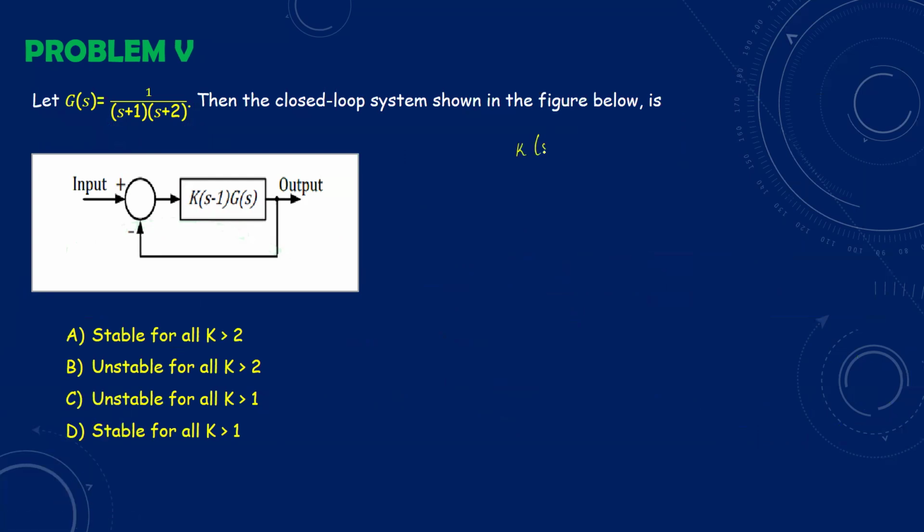So K into S minus 1 by S plus 1 into S plus 2, you can mark it as G dash of S. This is open loop transfer function. So if we find the closed loop transfer function, then characteristic polynomial means 1 plus G dash of S.